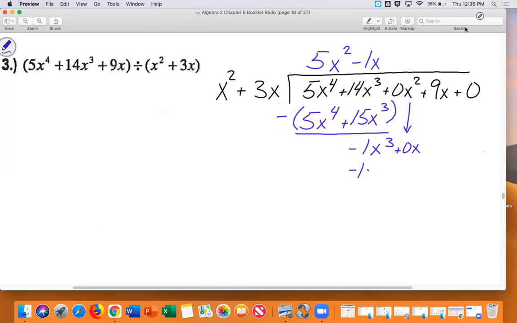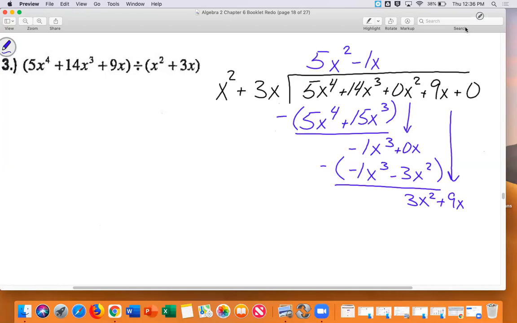That gives me negative 1x cubed minus 3x squared. And I'm subtracting. Negative 1x cubed minus negative 1x cubed. Okay, they cancel. 0 minus negative 3. That's going to be a positive 3. Bring down that 9.